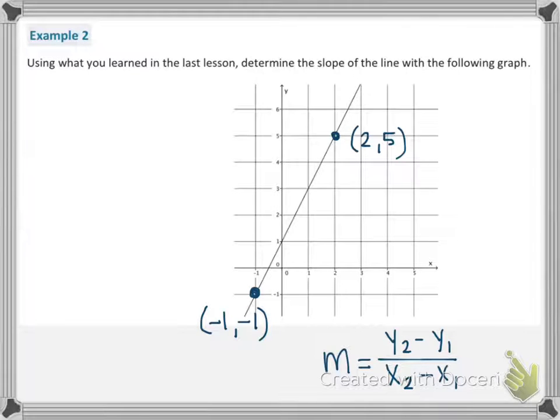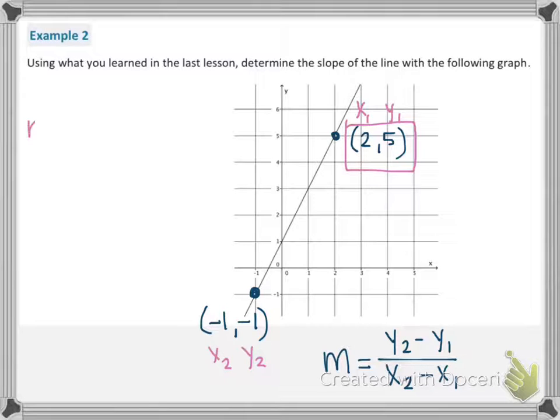So I've got to stay consistent and corresponding. If I say this is going to be my first point, then that's the x1 and the y1. And if I say this is my second point down here, then this is the x2 and that's the y2. And then I just have to stay consistent and corresponding when I substitute here.